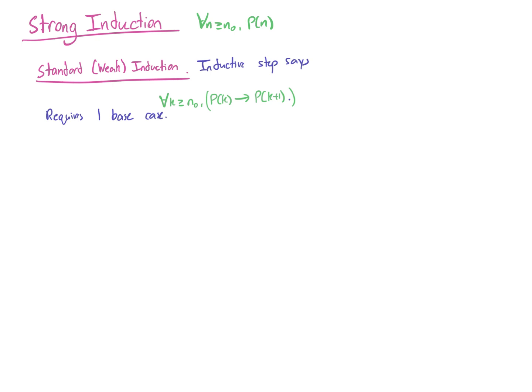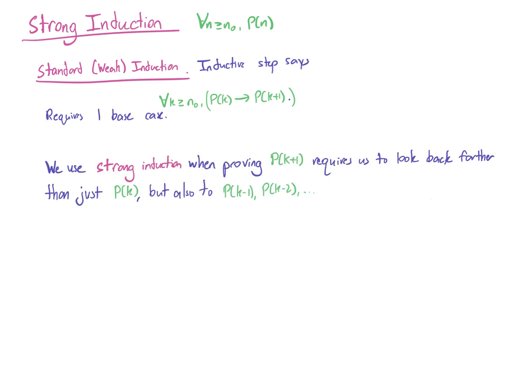There are two flavors of strong induction that I want to share with you. In this video, we're going to focus on just one, and we'll introduce the other one in the next video. So in strong induction, what we do is we say, okay, I want to prove p of k plus 1. My inductive step is still going to involve proving p of k plus 1, but I'm going to look back farther than just to the previous p of k.